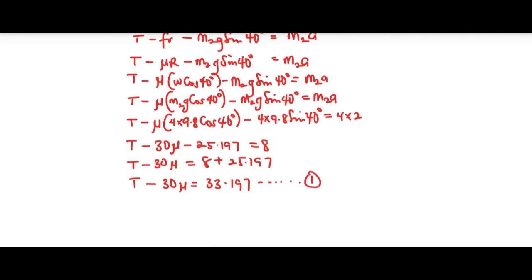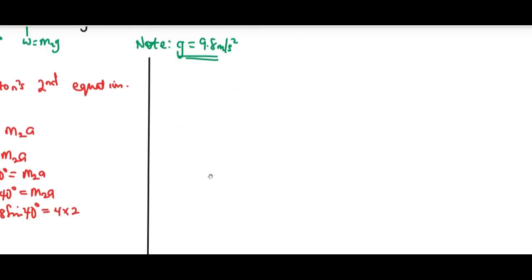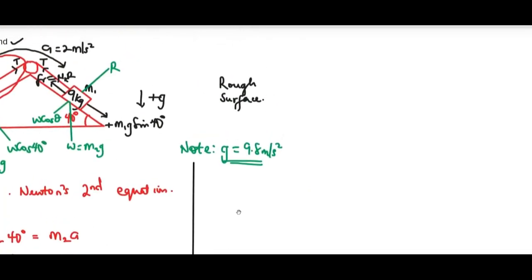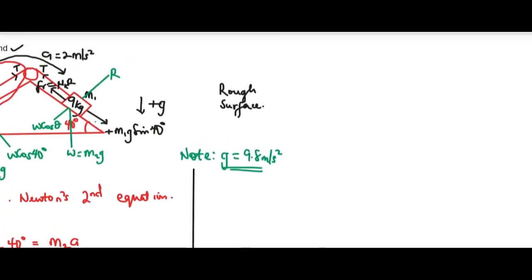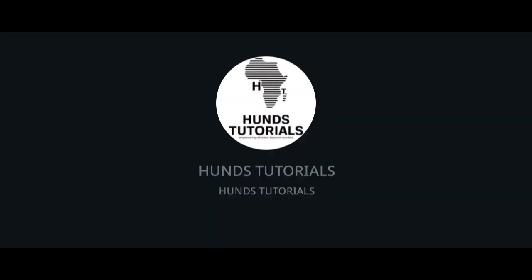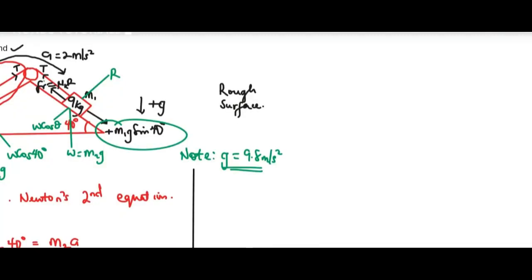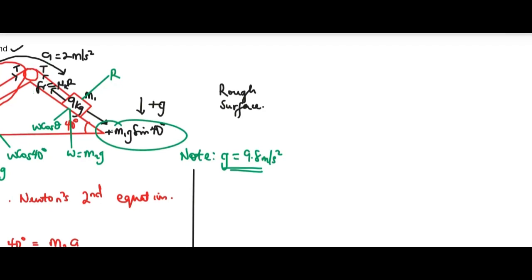So for the other equation, we have 3 forces acting on this 9 kg mass. The first is the weight of the body, the second is your frictional force, and the third is your tension. Note that since the weight is positive, the tension becomes negative, likewise the frictional force.